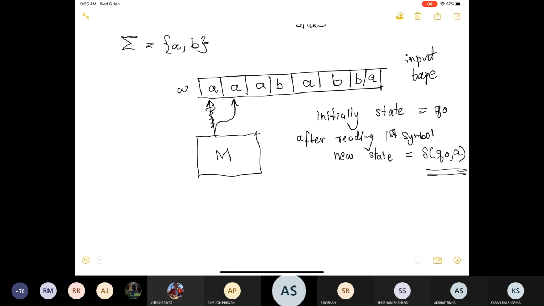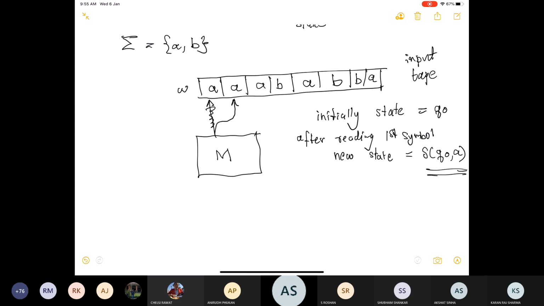By the time it comes to the end of the tape, if it is in a final state, then we say that the input string is accepted by the machine. Otherwise, we say it is rejected.